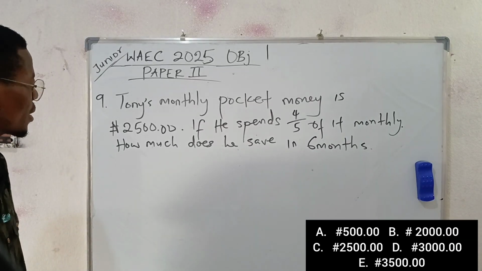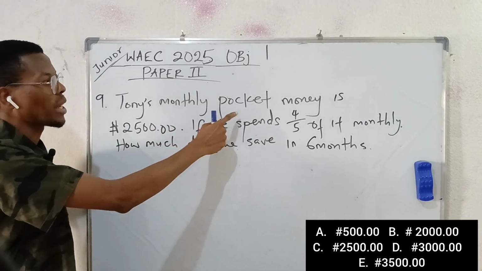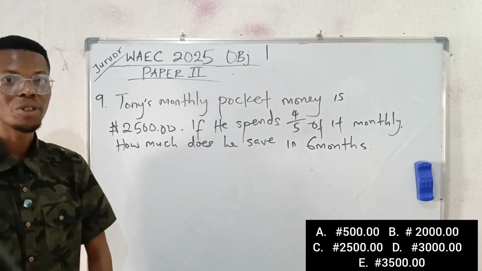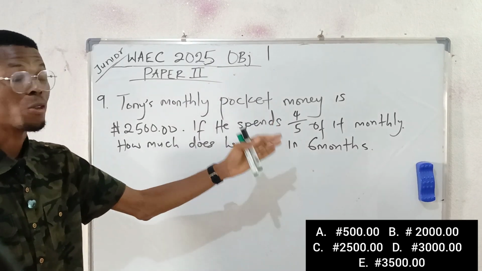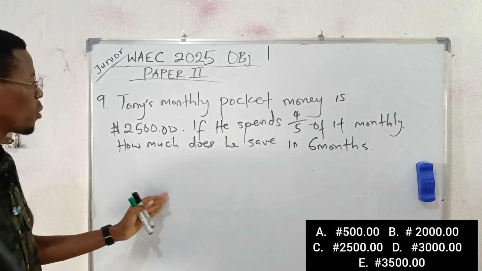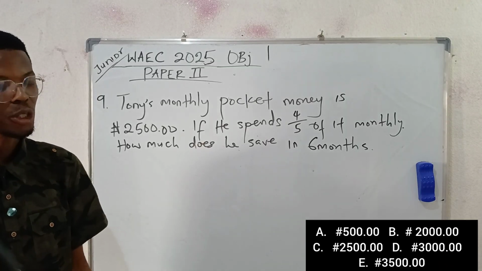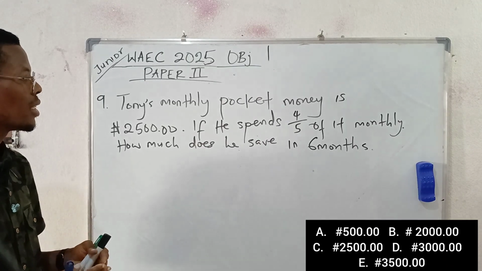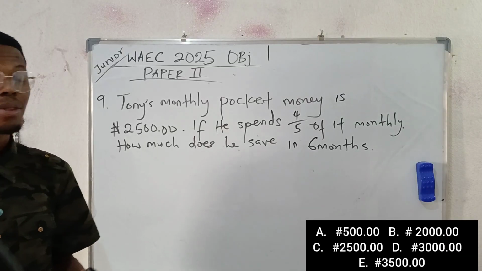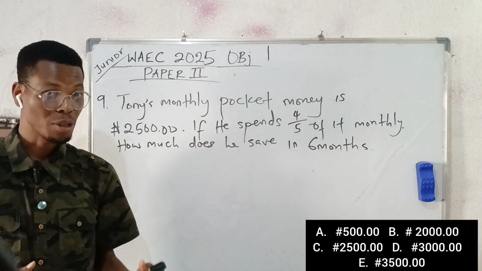Question number 9 says, Tony's monthly pocket money is 2,500 naira. If he spends 4 over 5 of it monthly, how much does he save in 6 months? First of all, Tony is given 2,500 naira every month, right?